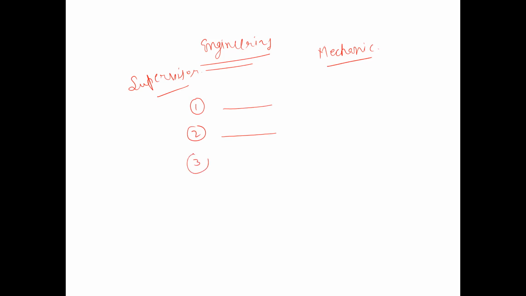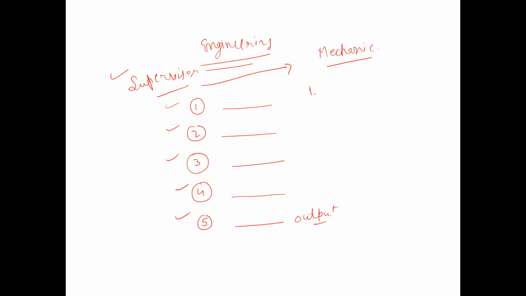Then he has to take the raw material. Then he has to get all the systems or all the tools together. And finally, he has to make or produce the final output. So this is the series of instructions being given by a specific supervisor to a new mechanic or a new student.